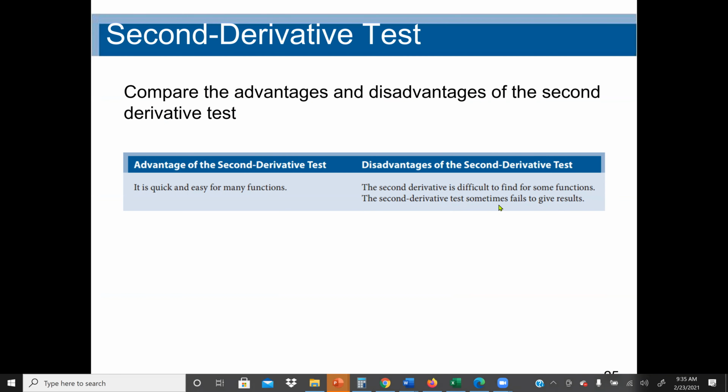Also, the second derivative test sometimes fails to give a result, so we have to be careful. It's not even advisable to plot or predict the shape of a graph using concave up and down, basically the second derivative test. I mean, it's something we should know because it's very quick and easy, but not for all functions. For some functions that are very complex, we may fail to get a good result.